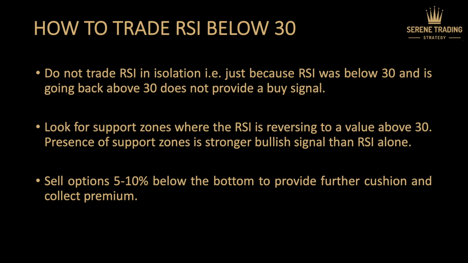So if you keep all these points in mind, you can understand how to trade the RSI in the right manner, which will give you profitable trades. And consistently, you will see that the percentage of trades that are profitable are much higher than you would get in case you're trading simply based on the RSI without correlating it with support levels or using options in your trades.